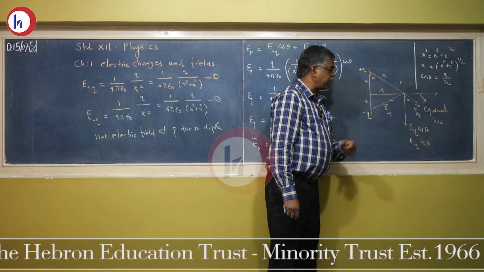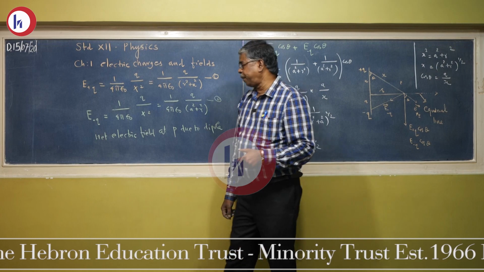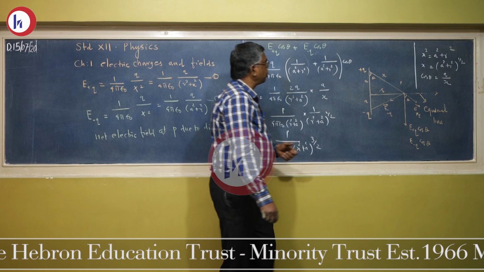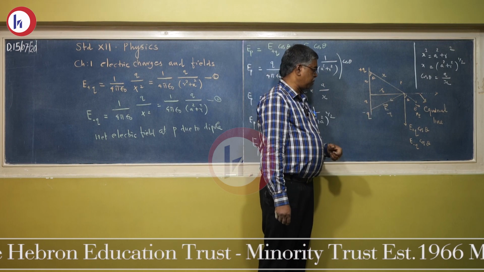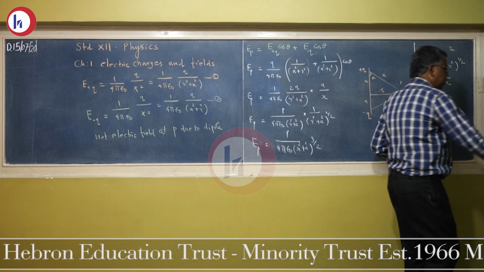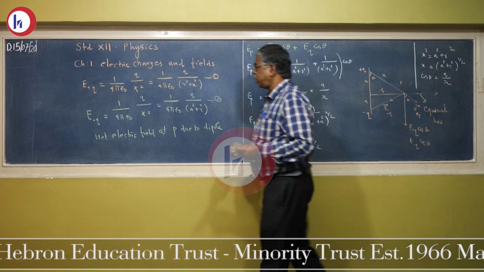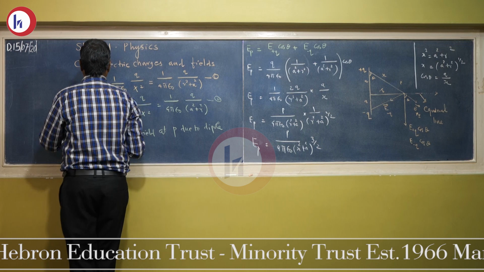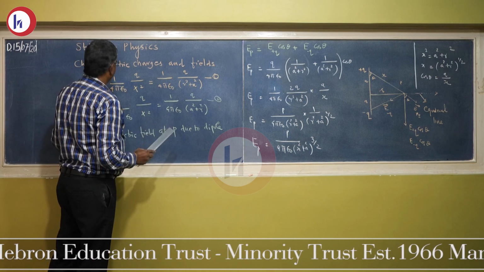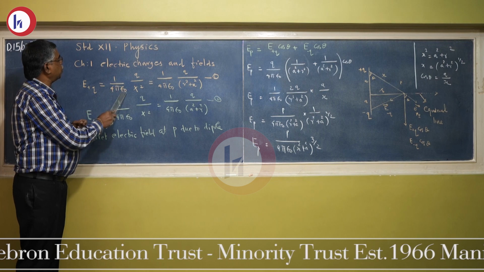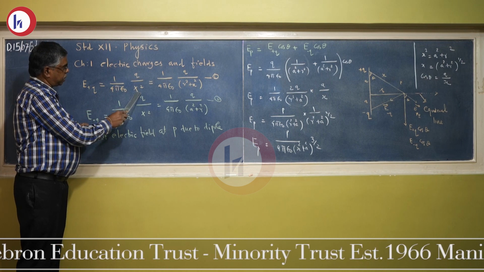Now we are going to find the electric field at a point on the equatorial line due to a dipole. First of all, you find the electric field due to the positive charge at the point P. The formula is 1 upon 4 pi epsilon 0 times q upon x square.